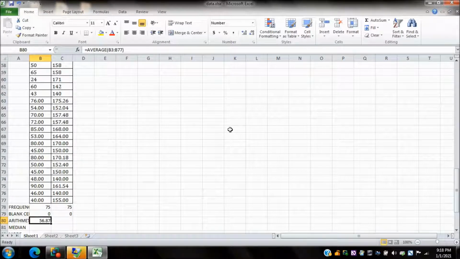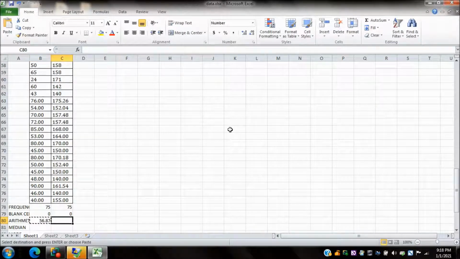And the mean or the average weight of the respondents is 56.87, and this is in kilograms. So the average weight is 56.87 kilograms. I'm going to copy this formula to find the average height of the respondents.